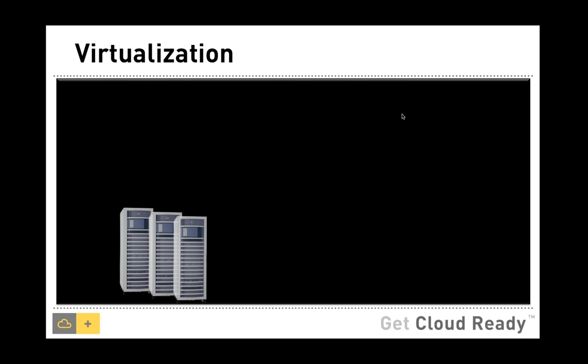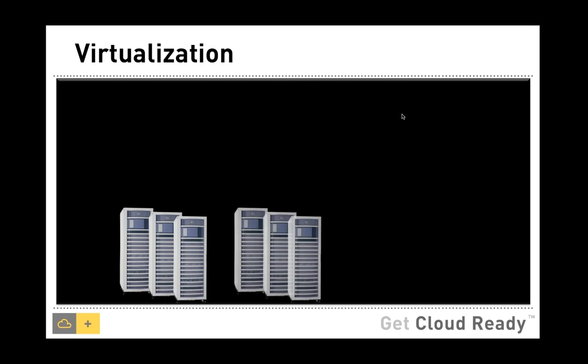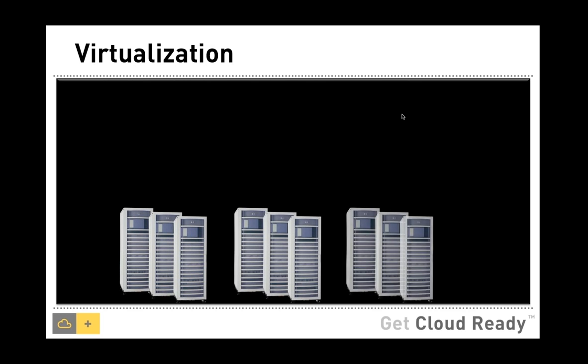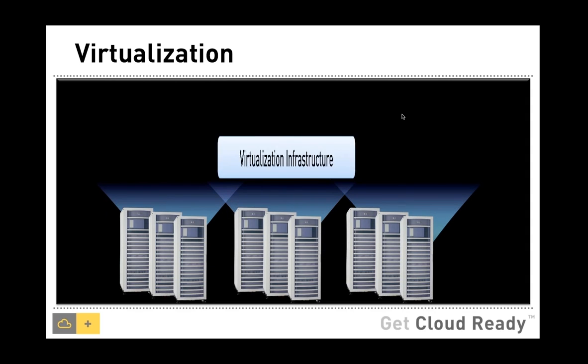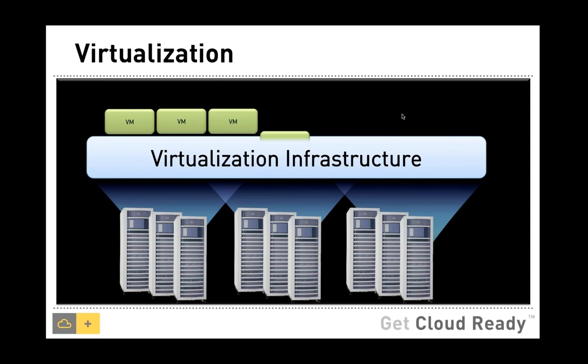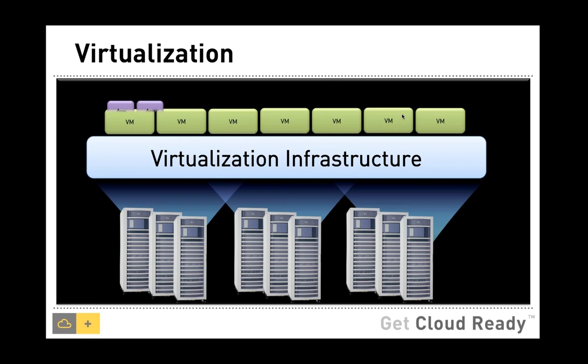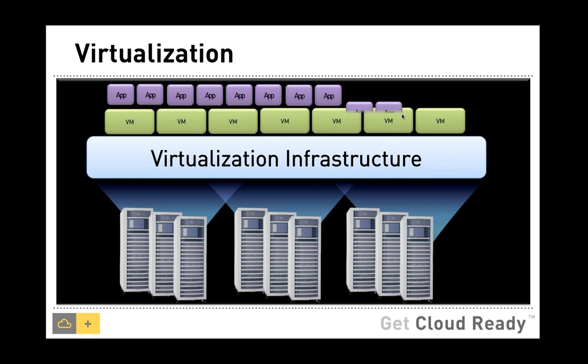Then the very important trend of the last decade is virtualization. This has transformed the complete data center infrastructure of many enterprises. With virtualization, many enterprises have been able to bring down the number of physical servers to just a few servers.